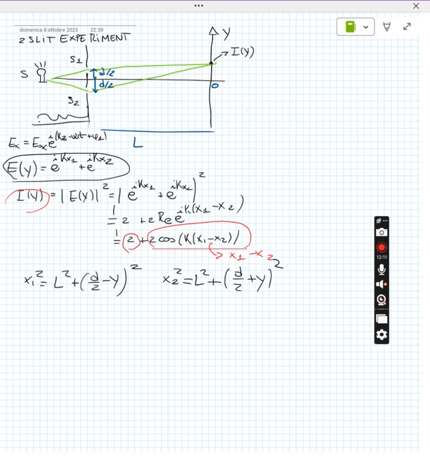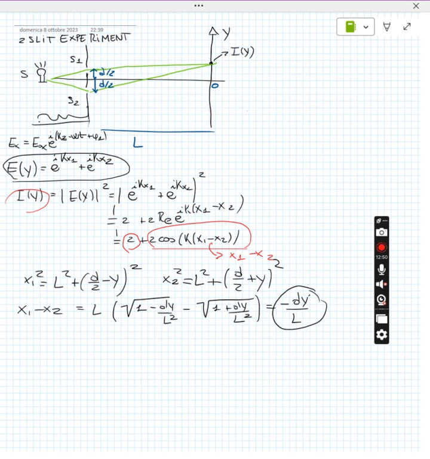Now this is equal, again you can do the math by yourself, to L times this expression. So we get this result.